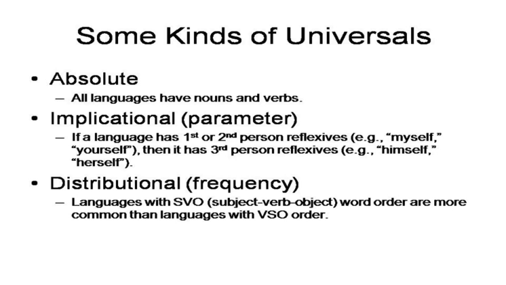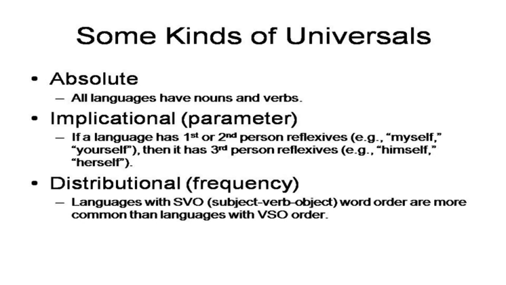There are also implicational universals, which are expressed in terms of: if your language has one thing, your language will also have another thing. One example of that would be if a language has the words for myself and yourself, then it will also have a separate word for third-person reflexives, like himself or herself.